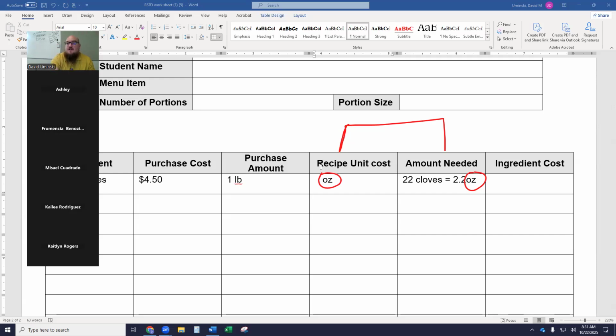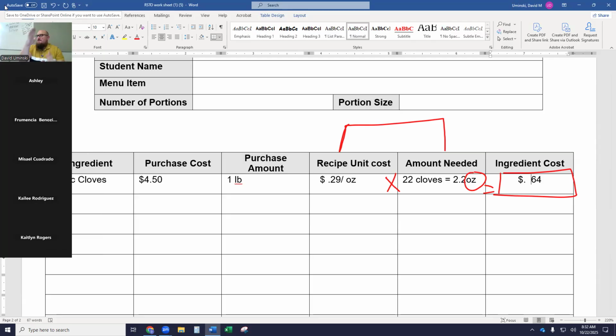That way, if I have the cost per ounce, I can simply multiply and get my ingredient cost. So this is where we would put this $4.50, which is actually 29 cents per ounce. Now my units match, and then I put in my ingredient cost of 64 cents.